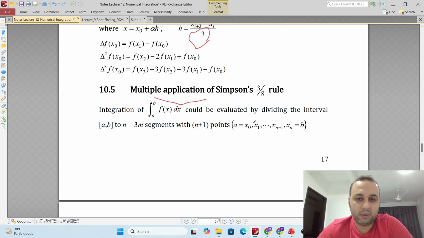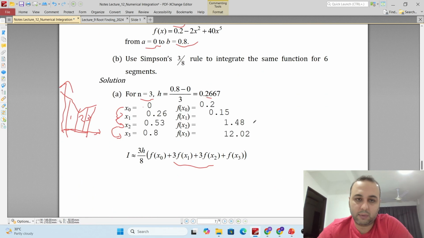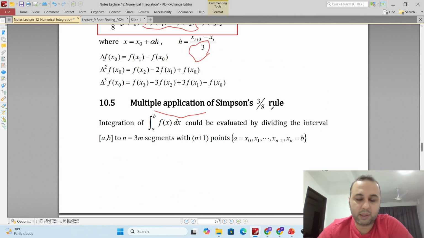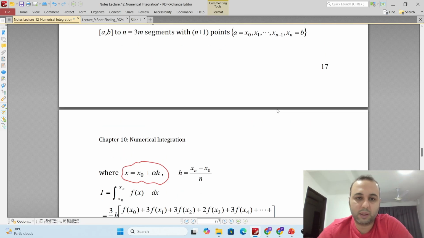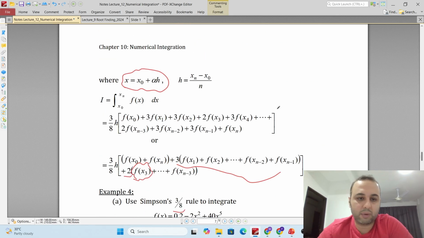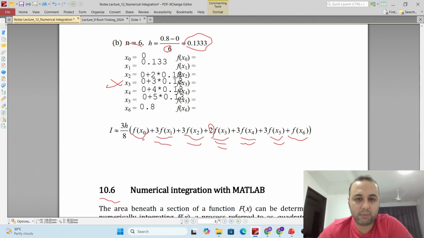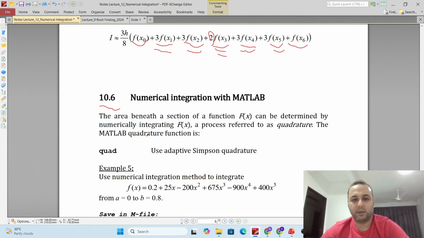And we studied multiple applications of Simpson's 3/8 rule, and we solved one example for it. Okay, that was all.